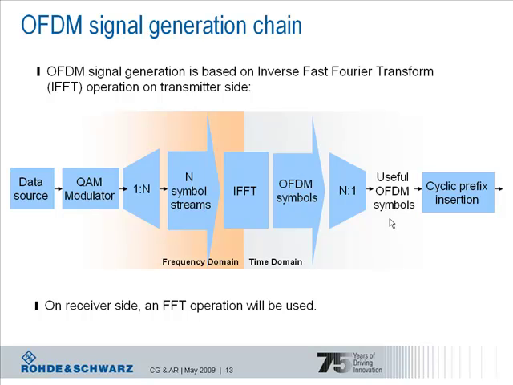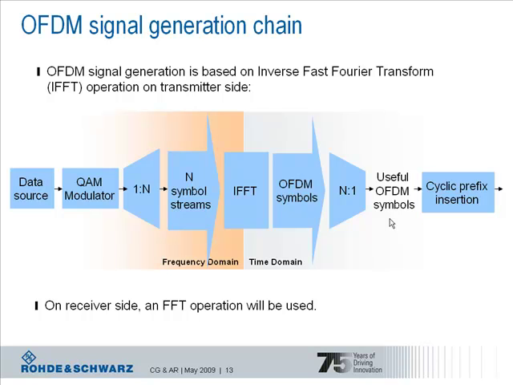This picture shows the OFDM signal generation chain. The modulated data symbols, which are going to be transmitted, are first parallelized, and then they are used as input bins to an IFFT operation. IFFT stands for Inverse Fast Fourier Transform, which takes place on the transmitter side in an OFDM system. This operation produces OFDM symbols.